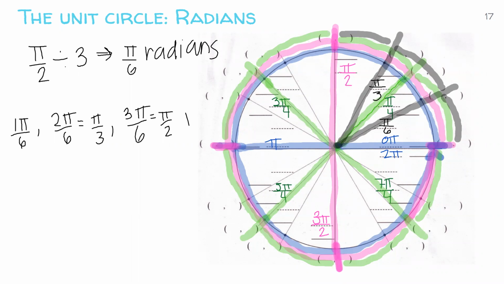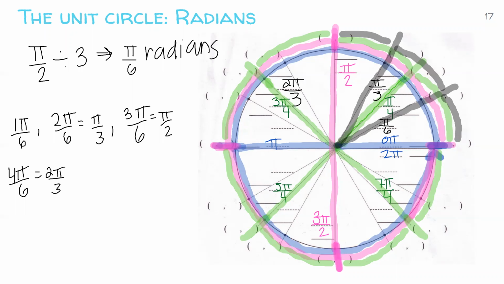So continuing to count in increments of pi over 6, now we're going to be at 4 pi over 6. 4 pi over 6 does reduce though. 4 pi over 6 gives us 2 pi over 3, just dividing the numerator and denominator by 2. So our next radian measure is 2 pi over 3.